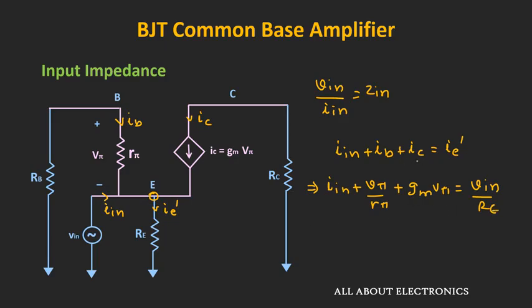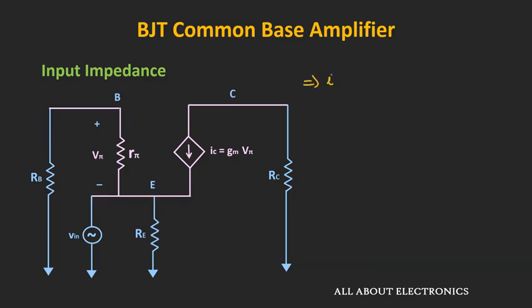So this IC is equal to Gm times V pi, while this current IE dash is equal to Vin divided by Re, right? That means from this we can say that current In is equal to Vin divided by Re minus Gm times V pi minus V pi divided by R pi.